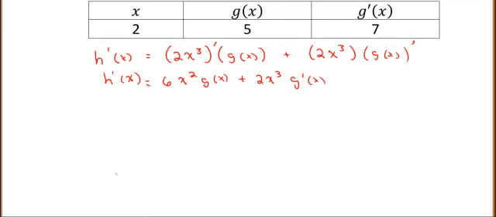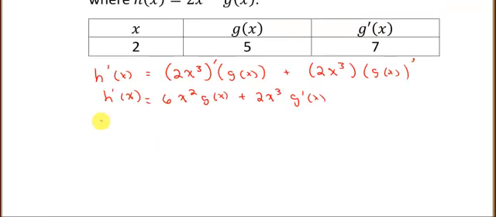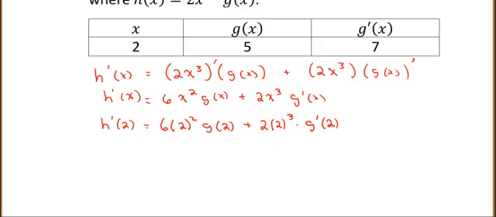All right, then h prime of 2 is going to be h prime of x, where each instance of x has been replaced by 2. So that will be 6 times 2 squared times g of 2 plus 2 times 2 to the third times g prime of 2.